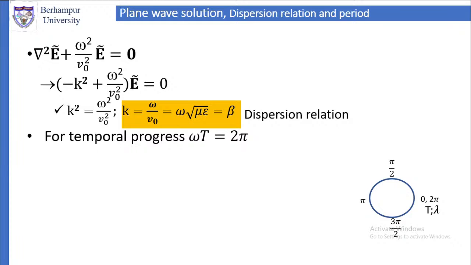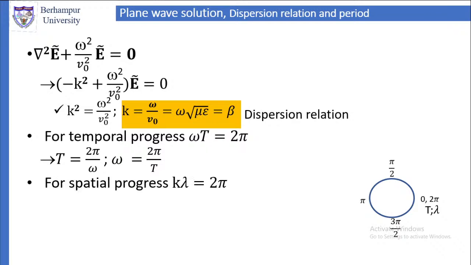So the total angle traveled is 2 pi, and the time taken is T. Angular frequency is omega. So omega T is equal to 2 pi. From that you can say T is equal to 2 pi by omega, or omega is equal to 2 pi by T. So this is considering the temporal progress, or time.